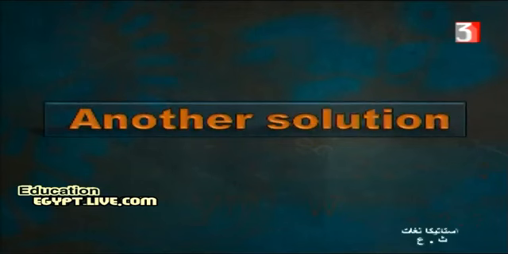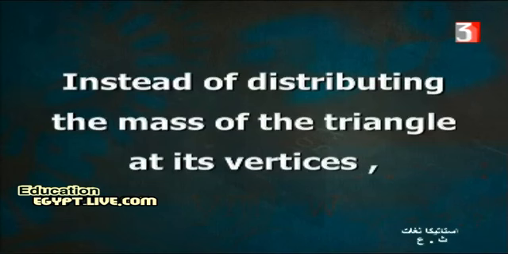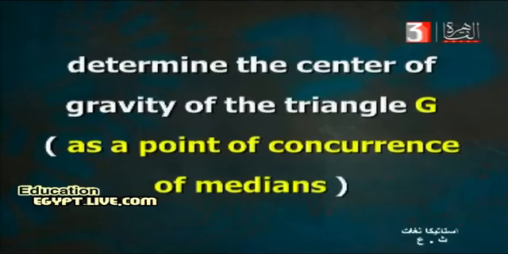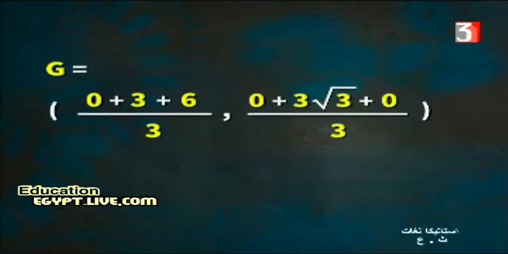We can solve this example by another solution. Instead of distributing the mass of the triangle at its vertices, determine the center of gravity of the triangle G as the point of concurrence of medians. G is the centroid.